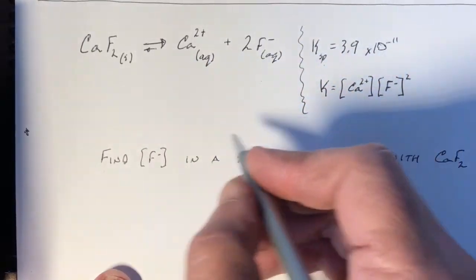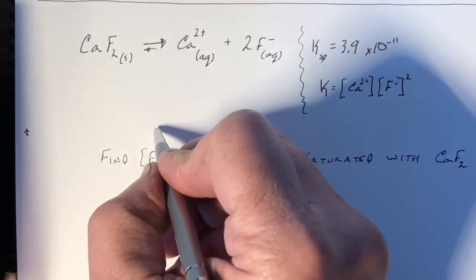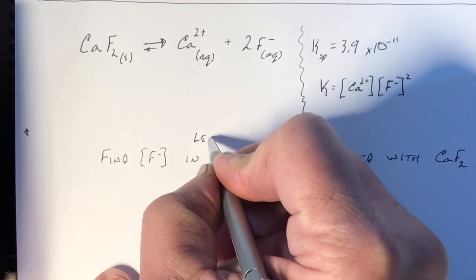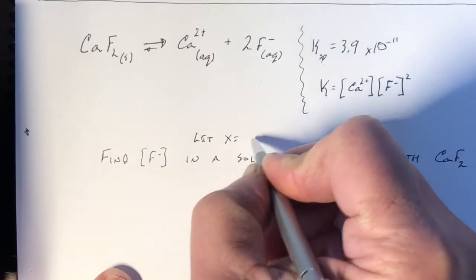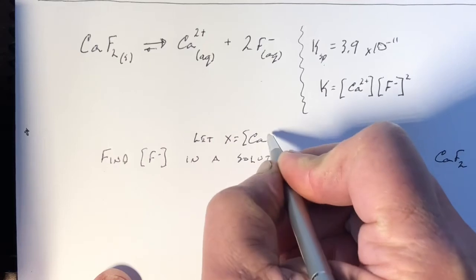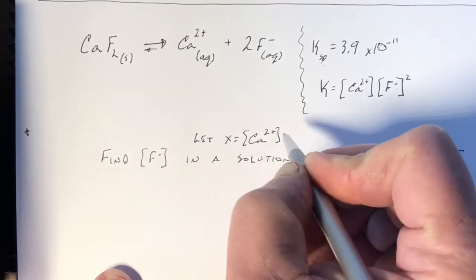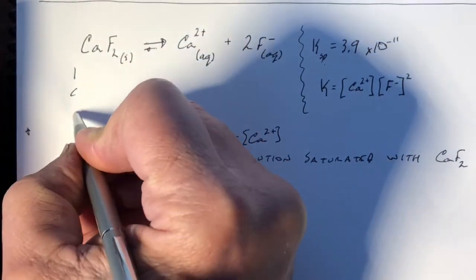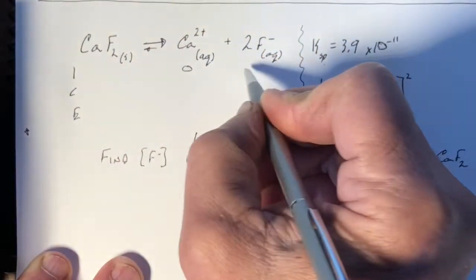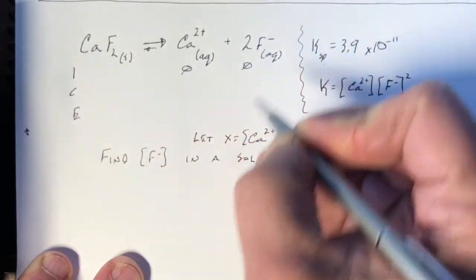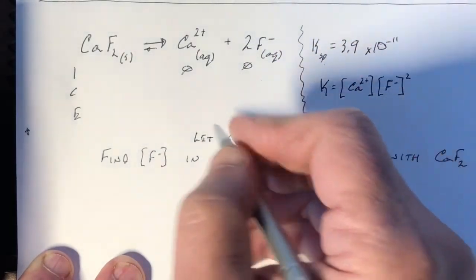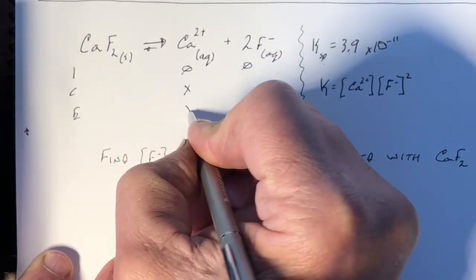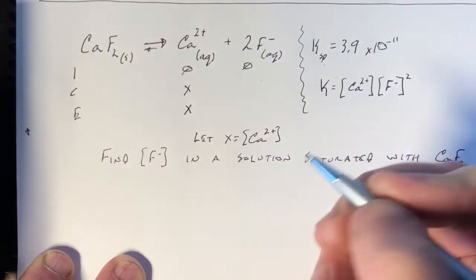We might say we will let X, I should have done this in the other order, be the equilibrium concentration of calcium ions. Initially, in my ICE box, I'm going to have 0 of the fluoride and the calcium, and the change is going to be X, or we could say the equilibrium is X, the same in either case.